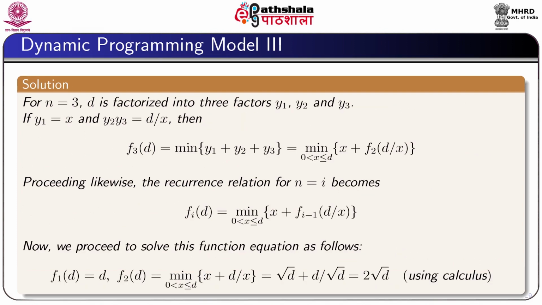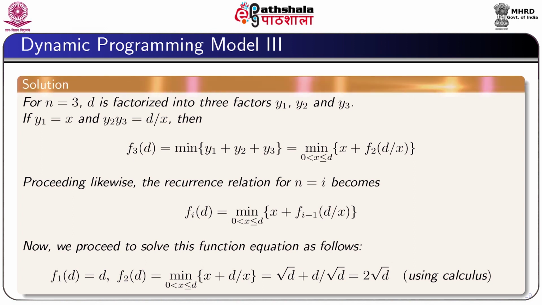Now, for n equal to 3, d is factorized into three factors, where y1, y2, y3 are those three factors, and if we assume y1 equal to x, then obviously y2 y3 will be equal to d by x.